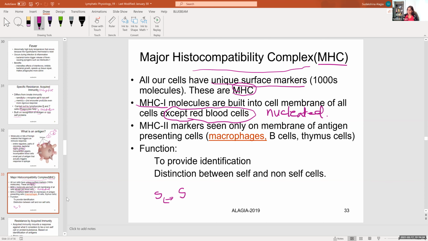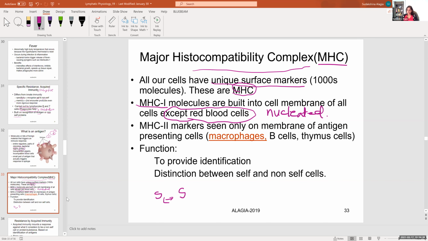That's radically different from our body's perspective. No, all it needs is a slightly different surface protein. That's enough for immunogenicity, meaning the immune system to respond.